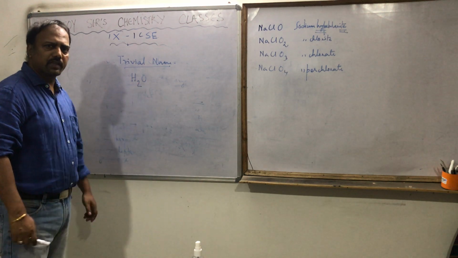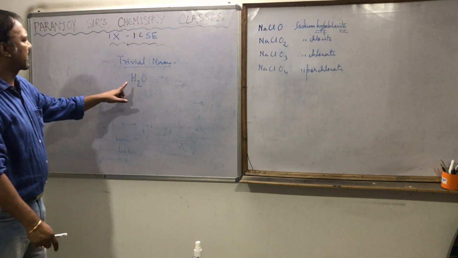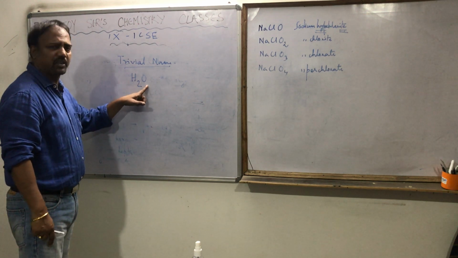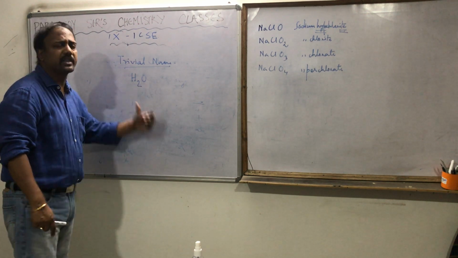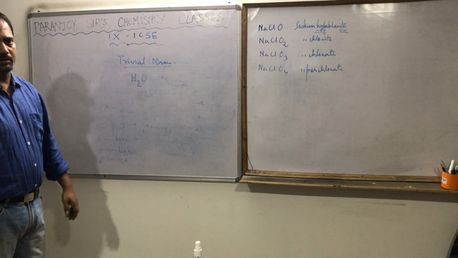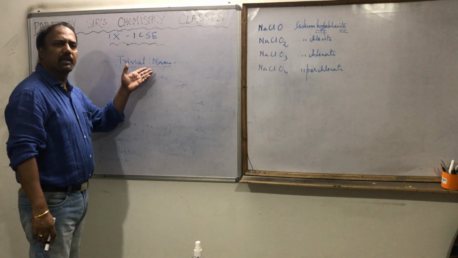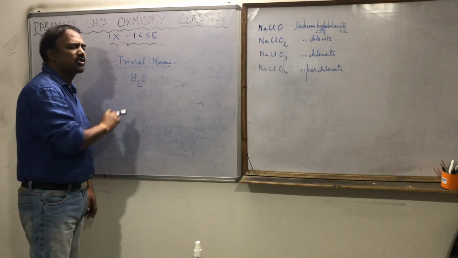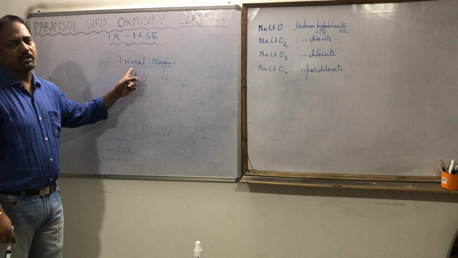If two non-metals are adding, this should be hydrogen oxide, or dihydrogen oxide. But do we say it as dihydrogen oxide? No. We call it water. Water is a trivial name of this. If we follow the chemical rule, the chemical name should be dihydrogen oxide.